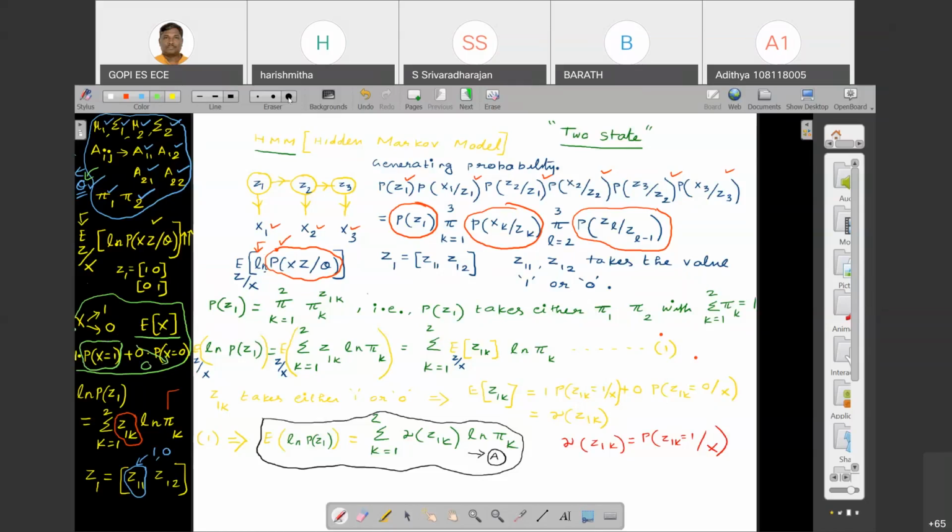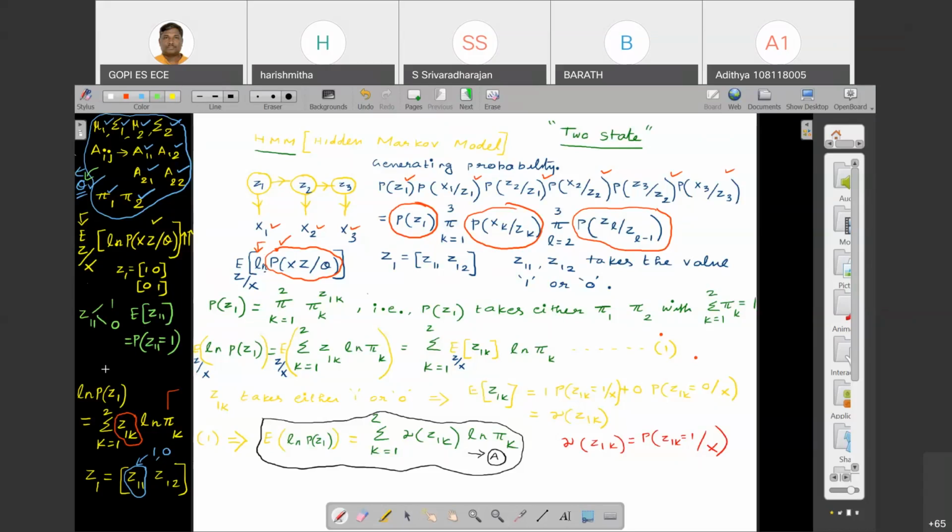So what I am concluding by this statement is, if I have a random variable, in this case for example z11, that takes the value 1 or 0, and I find the expectation of z11, it will simply end up as the probability of z11 equal to 1.